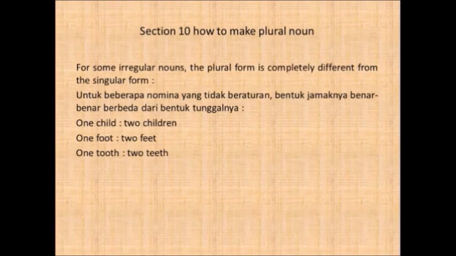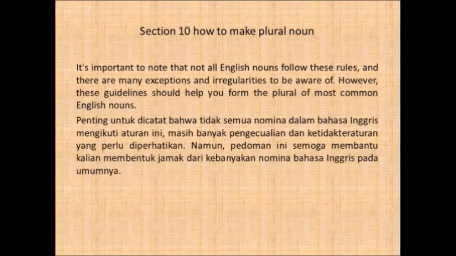For some irregular nouns, the plural form is completely different from the singular form. 1 child, 2 children. 1 foot, 2 feet. 1 tooth, 2 teeth. It's important to note that not all English nouns follow these rules, and there are many exceptions and irregularities to be aware of. However, these guidelines should help you form the plural of most common English nouns.